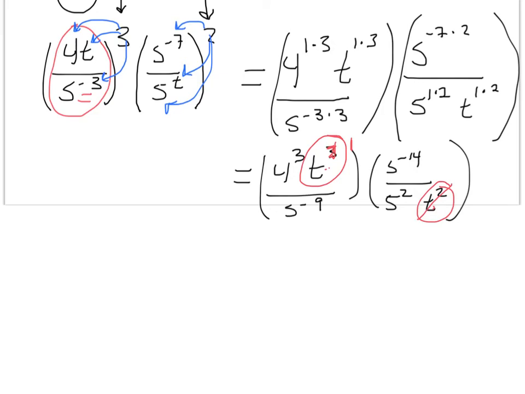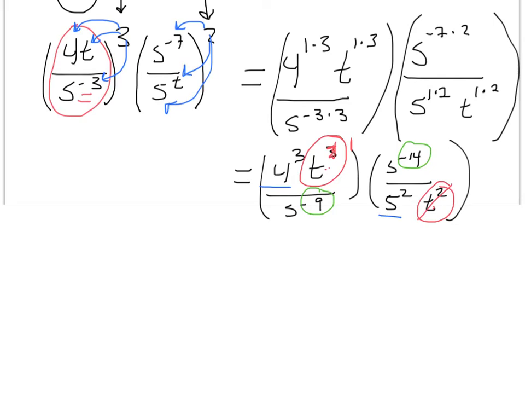The 5 squared and the 4 cubed aren't common because 4 and 5 are different. I have an s to the negative 14th and negative 9th. And so what's happening with these guys, we'll clean this up a little bit and then we'll work with this, because these guys are being subtracted or reducing.